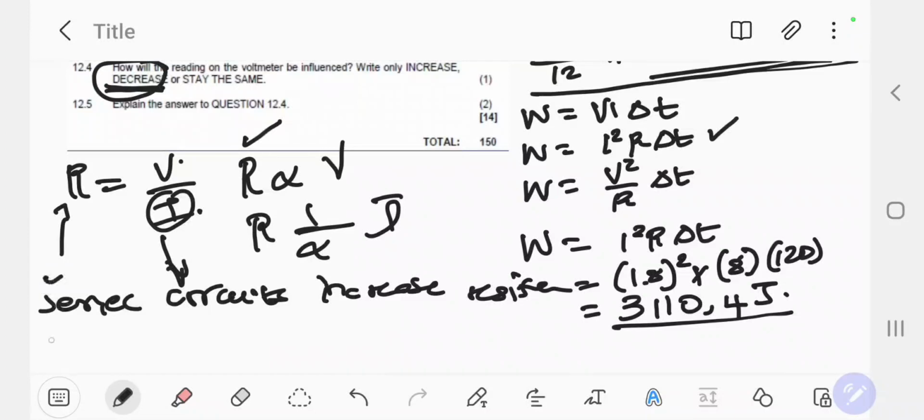Point number two, resistance is inversely proportional to the current. So when the resistance increases, the total current will decrease. And according to R equals V over I, when current decreases, the potential difference will also decrease.